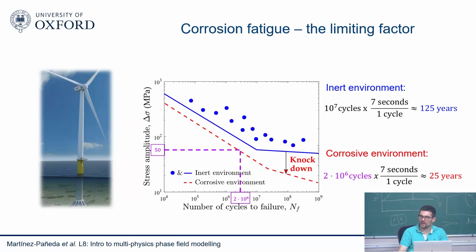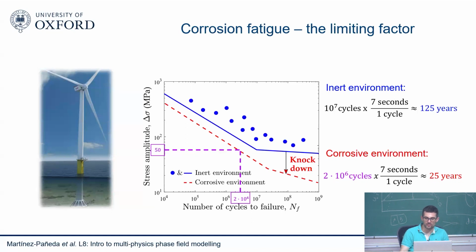Superposition you cannot really apply when you have corrosion. Corrosion is a history-dependent problem, so that's something you cannot do. This is also time-independent. Where is the time here? There's no frequency, there's no time. Corrosion behavior is going to be frequency-dependent. Corrosion behavior is going to be time-dependent. So how you got these SN curves matters. You may be getting them in a conservative regime or in a non-conservative regime.